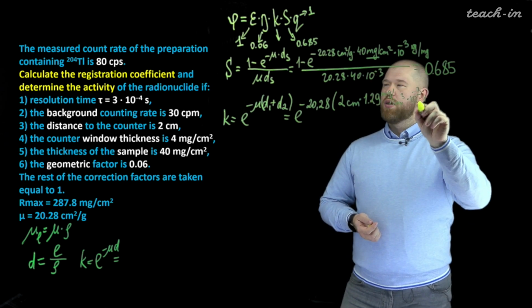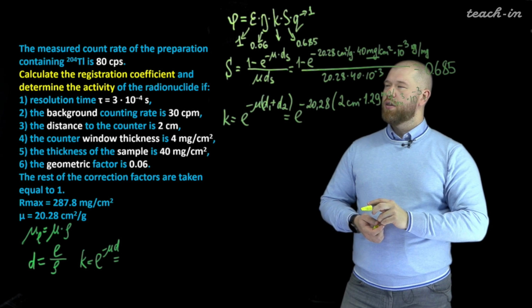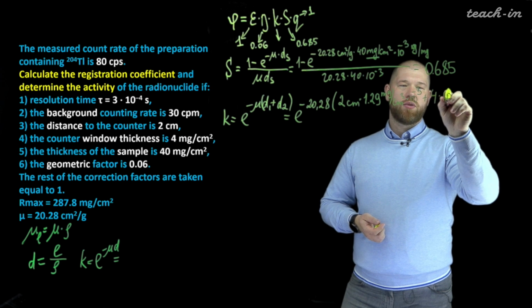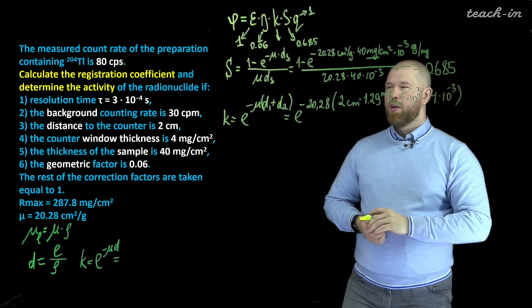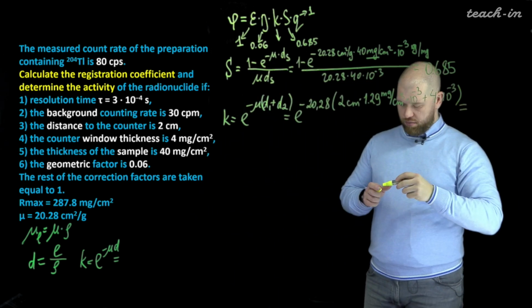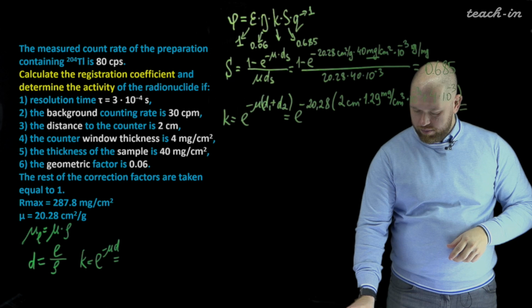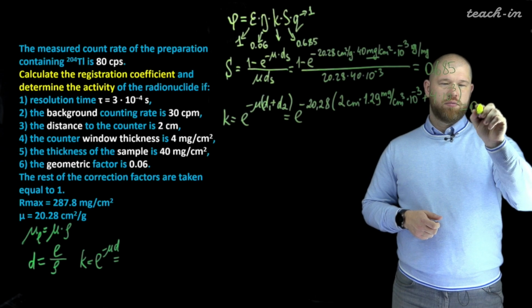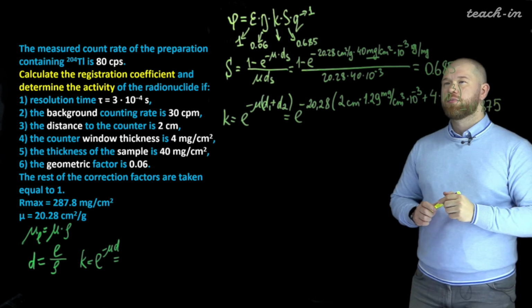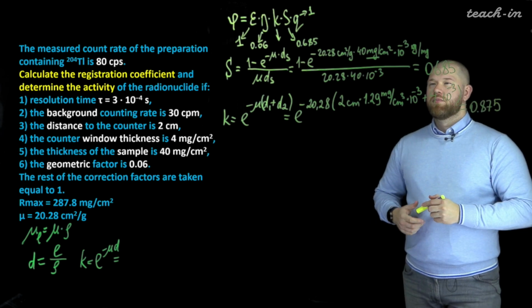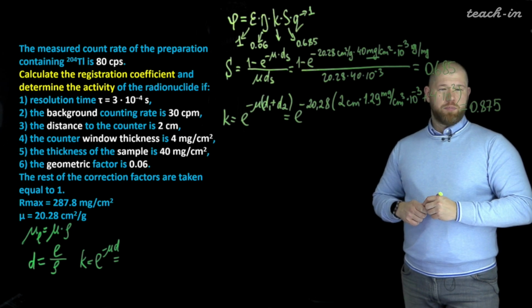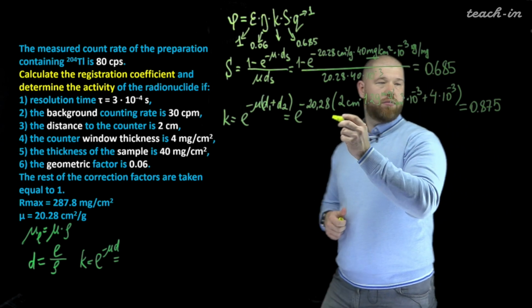And then we have to add the counter window thickness. It is 4 milligram, so we also multiplied it by 1000, and that's it. So we can calculate this. Okay. Now we have this number.